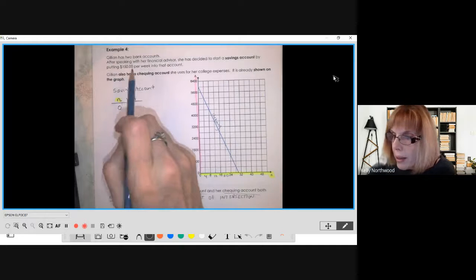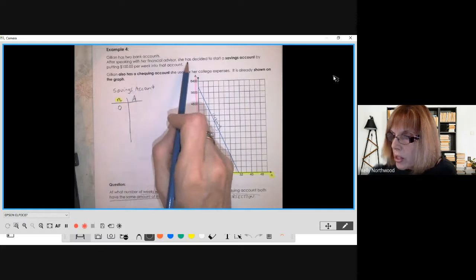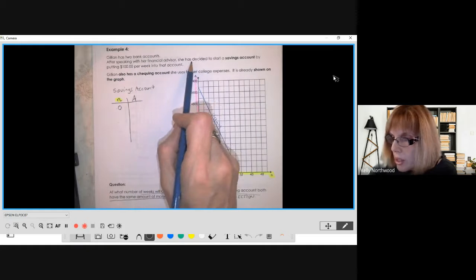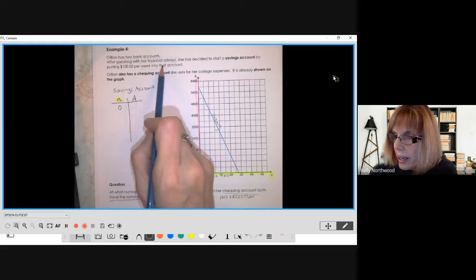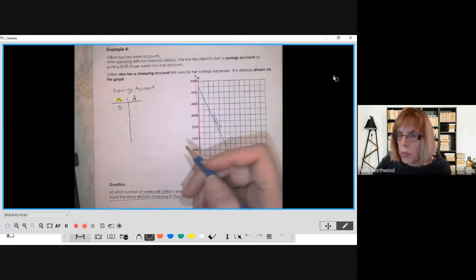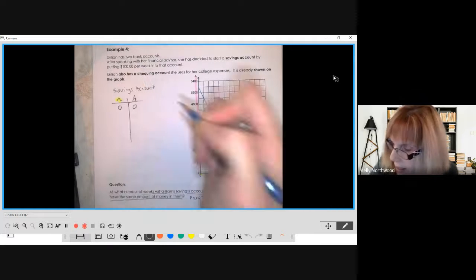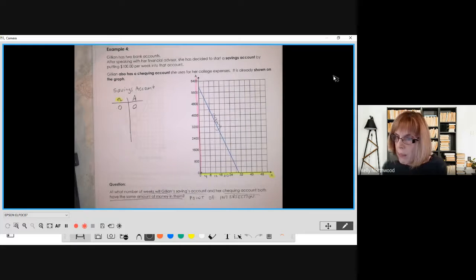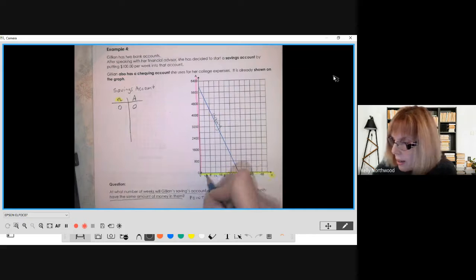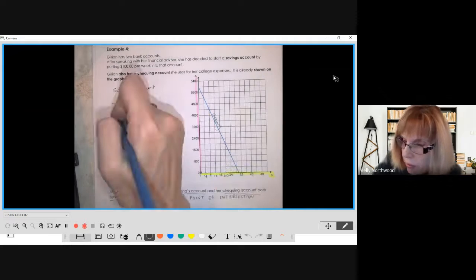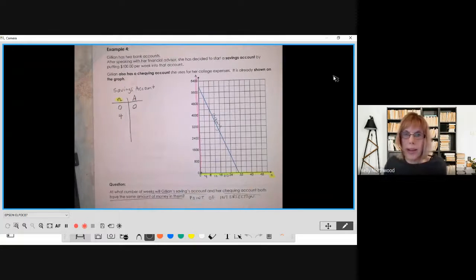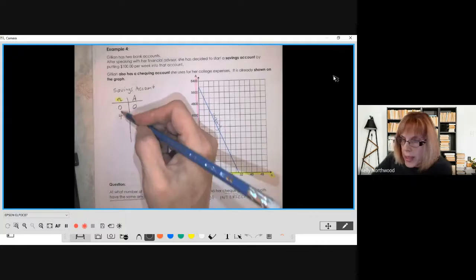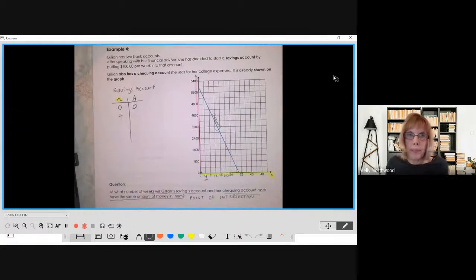So it says, after speaking with her financial advisor, she's decided to start a savings account by putting $100 per week into that account. So on week 0, there's no money in the account. So we can plot that point. That's easy. But instead of putting 1 here, I'm going to go with my graph and put 4 here.